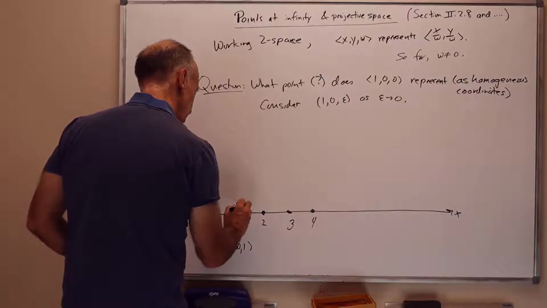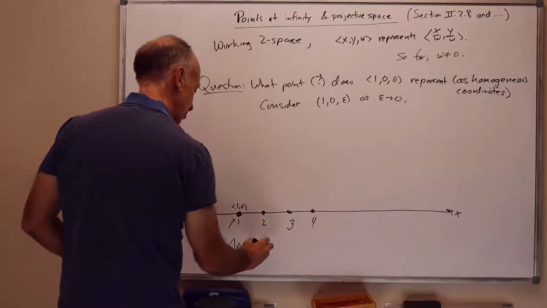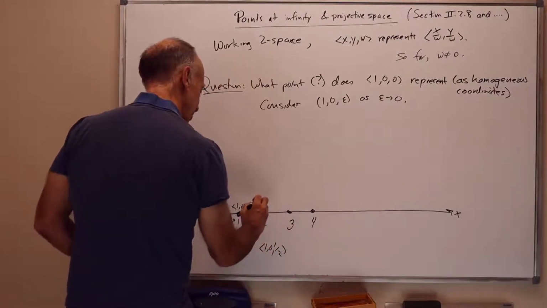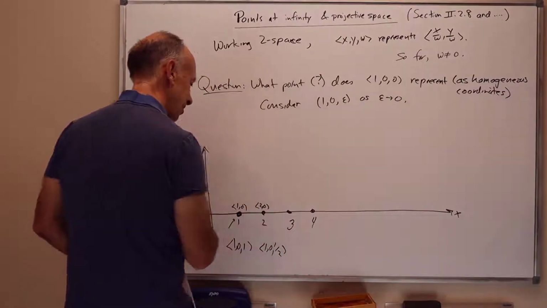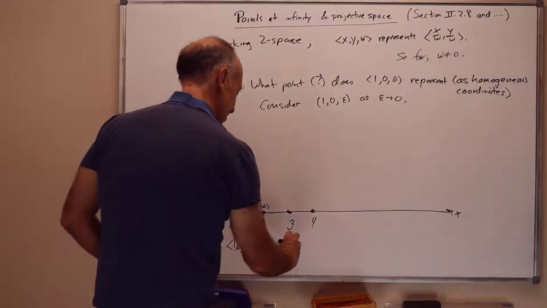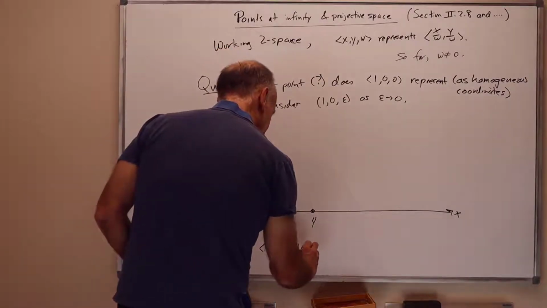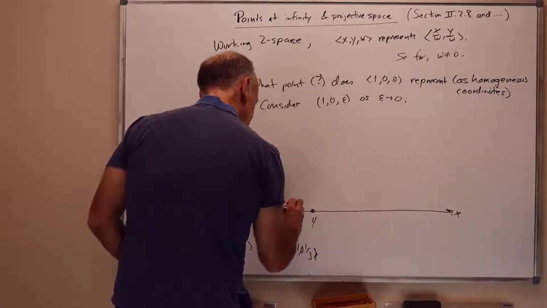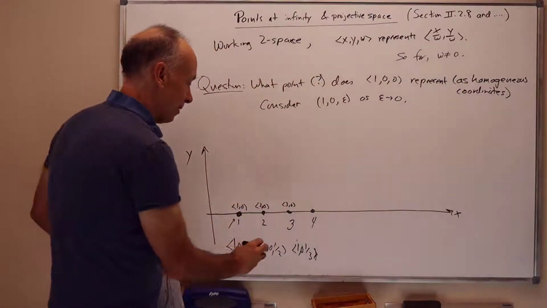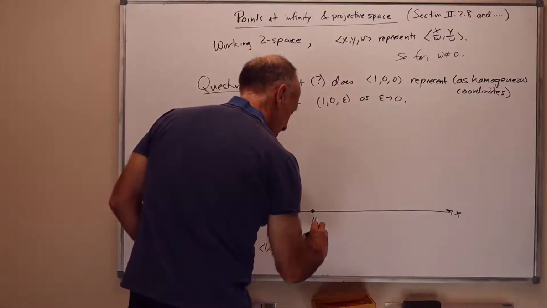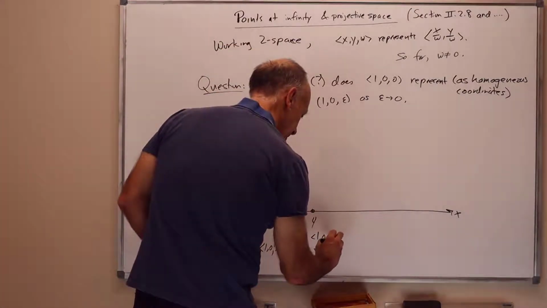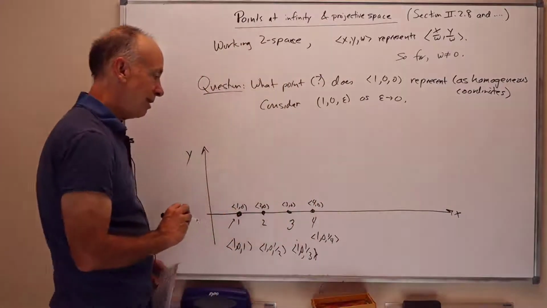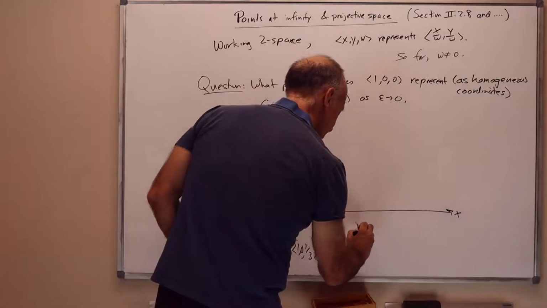So here's the point 1, 0 represented by 1, 0, 1. And if we look at 1, 0, 1 half, well, that represents the point 2, 0. And 1, 0, 1 third, that represents 3, 0, etc. So in particular, 1, 0, 1 fourth, we divide by 1 fourth, we get 4, 0. So you can see it takes the limit of this process.